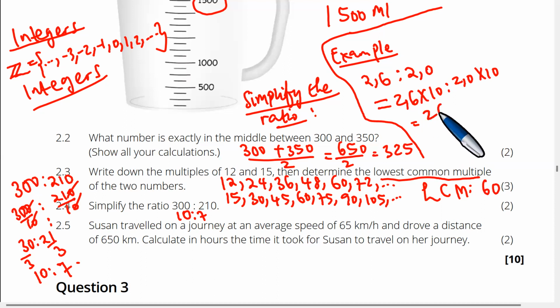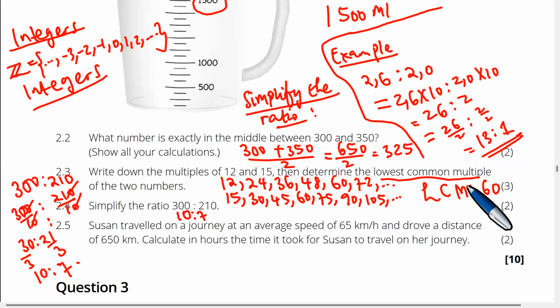That gives 26, and then 2 here. Now each one is an even number, so you divide 26 by 2 and you divide 2 by 2. What is 26 divided by 2? It's 13 and 1. So 13 is to 1 is the ratio.